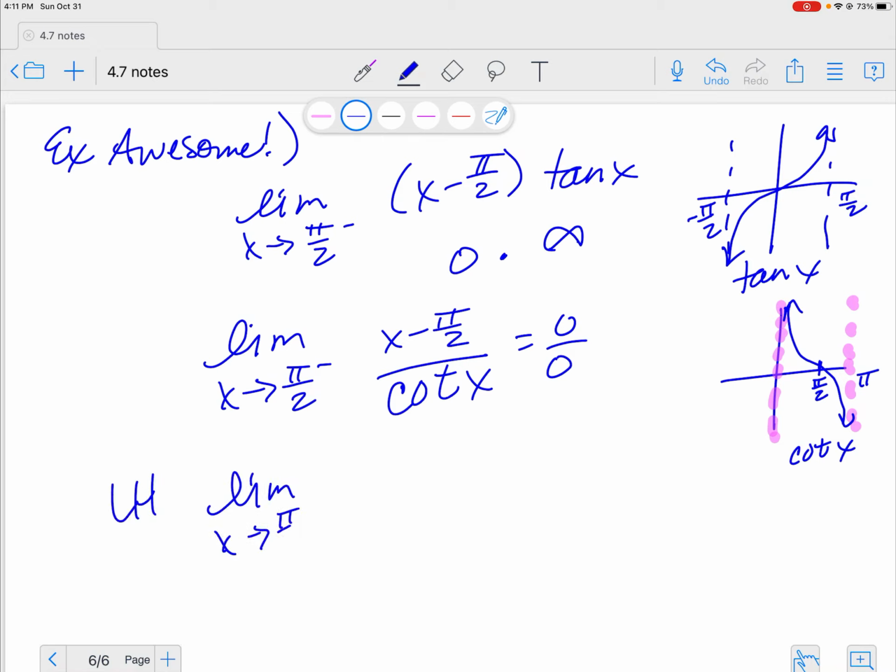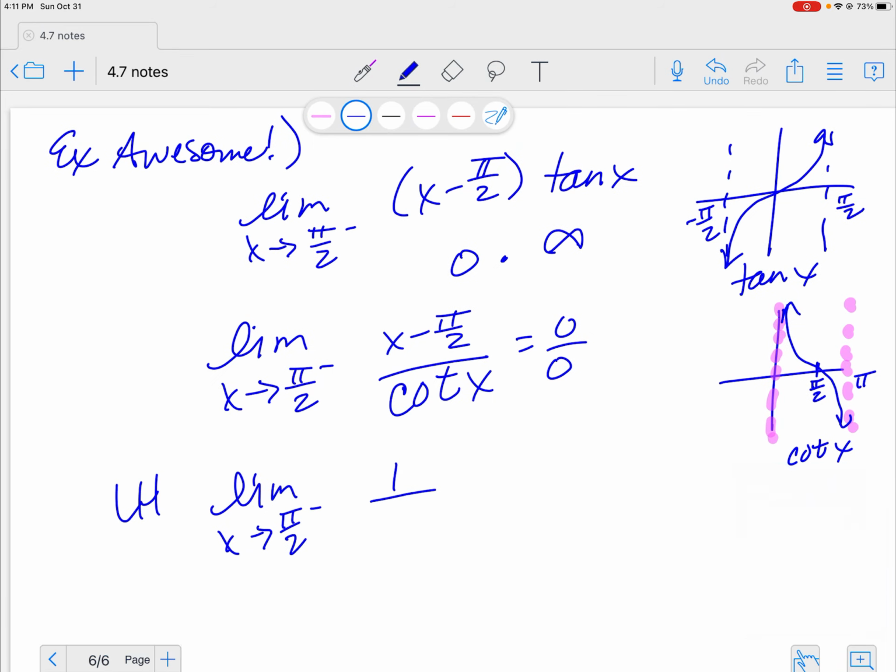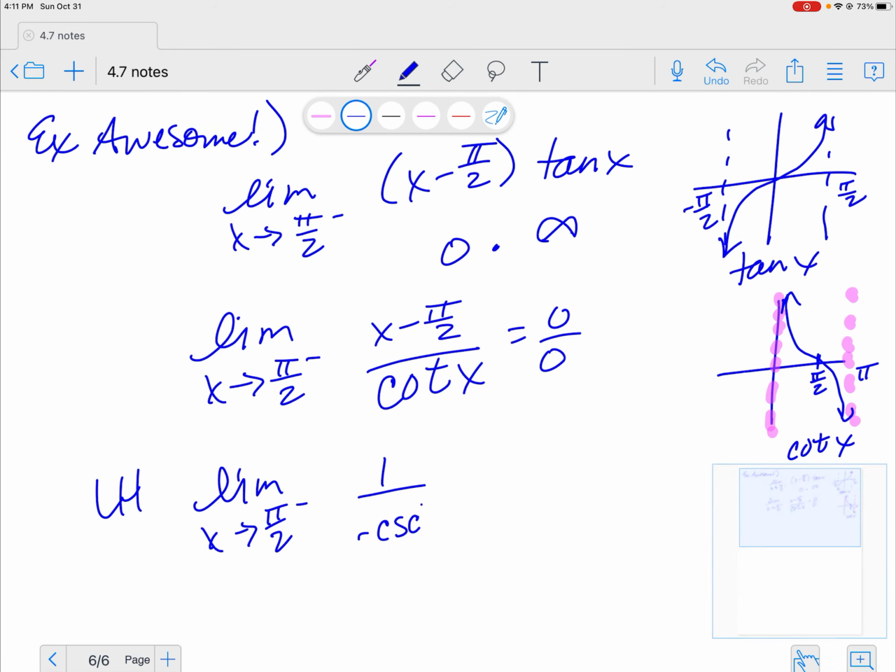The limit as x approaches pi over 2 from the left. So pi over 2, this is just a constant. So the derivative of the top is a 1. The derivative of cotangent is negative cosecant squared. Good. Now, whenever I plug in pi over 2 to cosecant squared, what is cosecant at pi over 2?